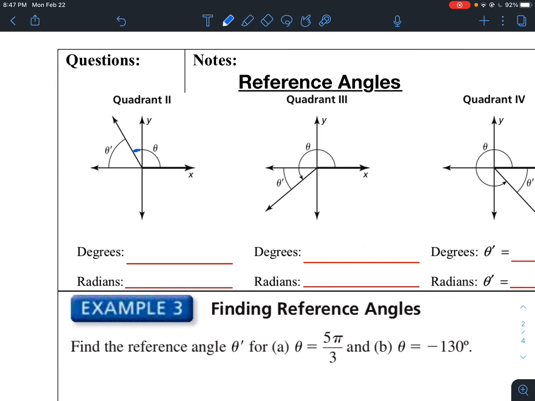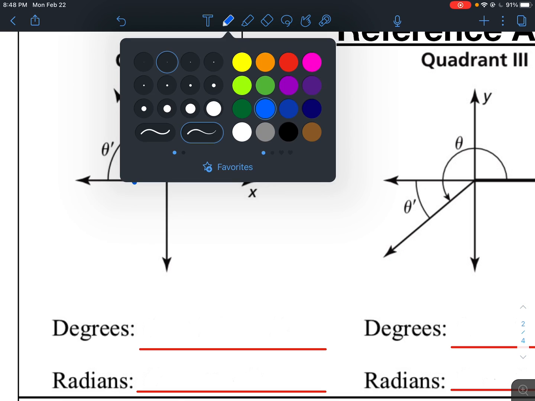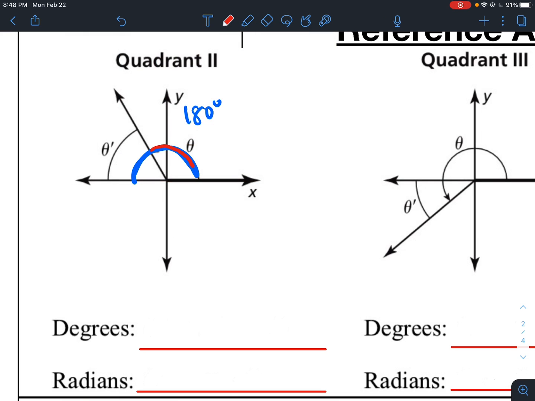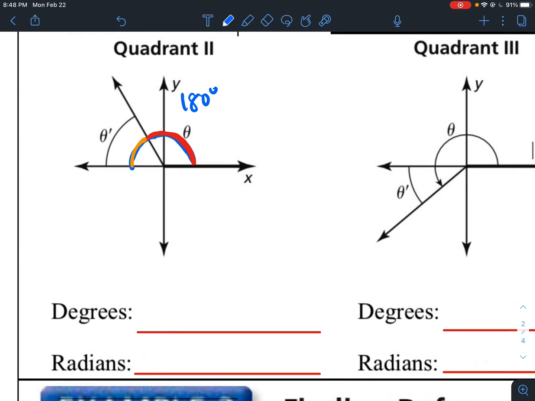Again, here is the angle created from the initial side to our terminal side, and this right here is our reference angle. Notice this angle in total is 180 degrees. If I subtract this portion right here, that leaves me with my reference angle.